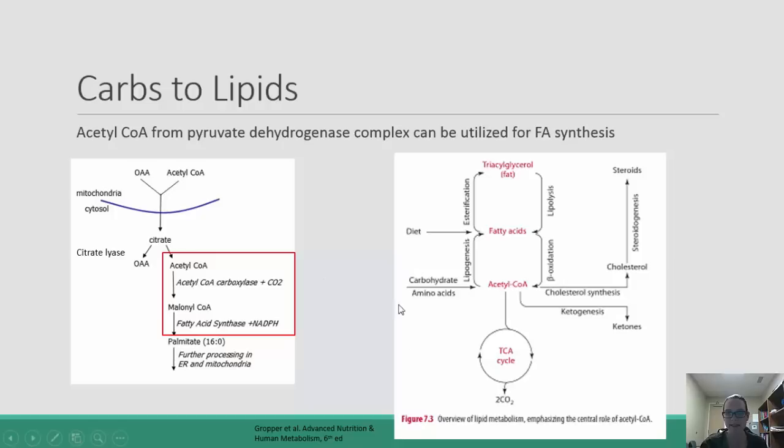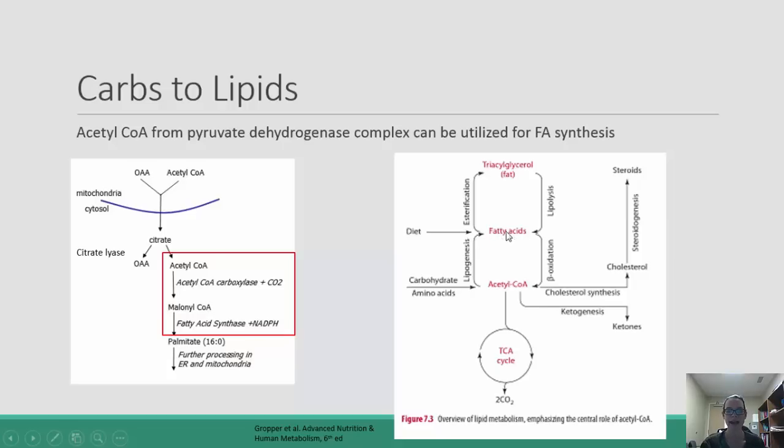We can see this in this schematic here. So we have our common substrate, acetyl-CoA, and that can come either from carbohydrate, or from some amino acids, or from the breakdown of triglycerides. And this acetyl-CoA can then go through conversion via lipogenesis.